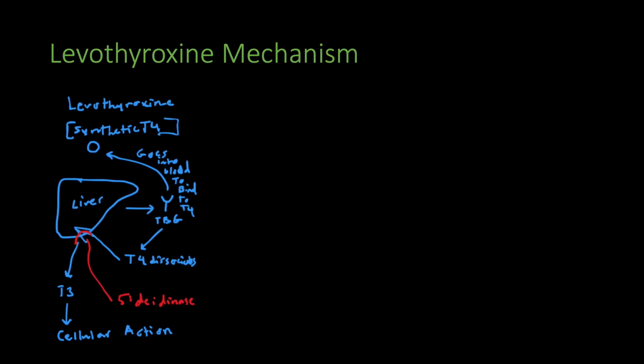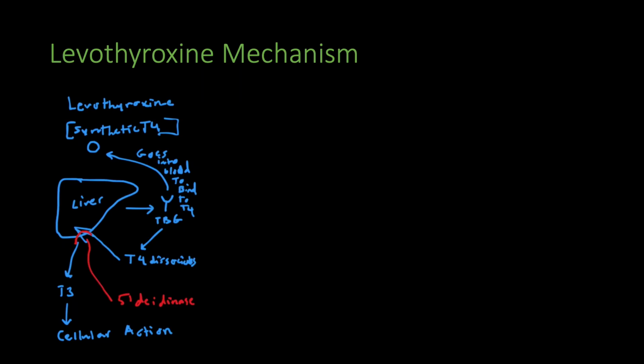What happens next here is pretty interesting. It gets converted from T4 to T3 in the peripheral tissues by an enzyme known as 5' deiodinase. This is an important enzyme. It converts T4 to T3. And T3 is the one that causes all the action in the body.